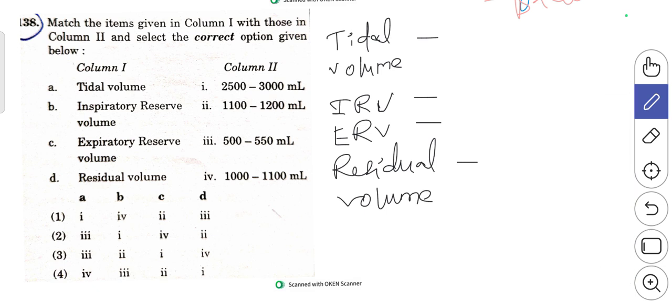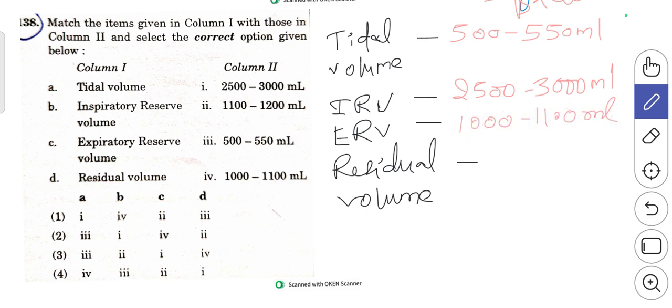As you all know, tidal volume is 500 to 550 ml, whereas IRV, the inspiratory reserve volume, is 2500 to 3000 ml, and ERV, the expiratory reserve volume, is 1000 to 1100 ml.